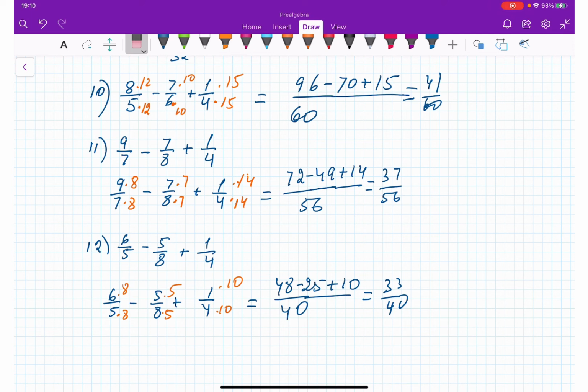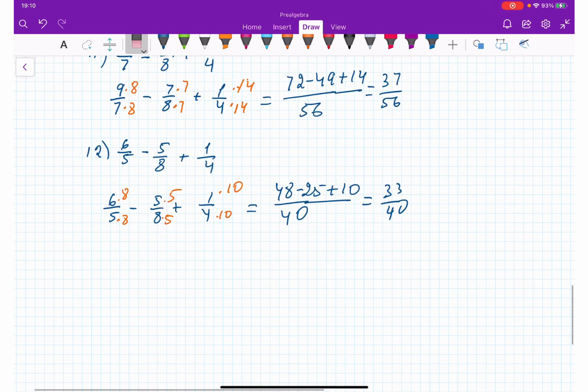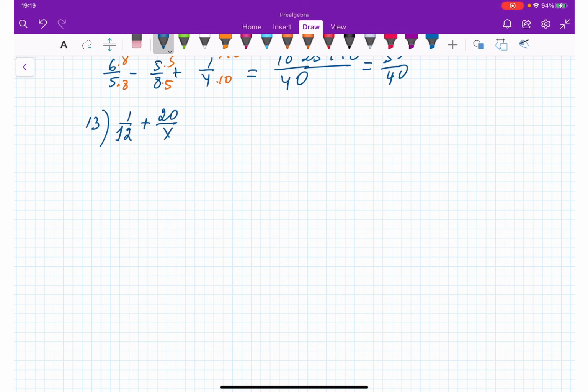Question number 13. 1 over 12 plus 20 over x. So common denominator is going to be 12x, because we have 12 and x.